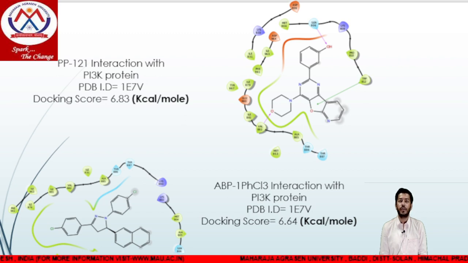After docking, we find the docking score is minus 6.83 kilocalorie per mole. What is the other one? ABP1PH Cl3 interacts with the PI3K molecule, and the PDB ID, as I said earlier, from the Protein Data Bank, is 1E7B. The docking score is minus 6.64 kilocalorie per mole.